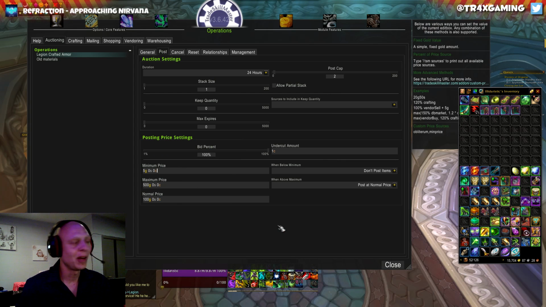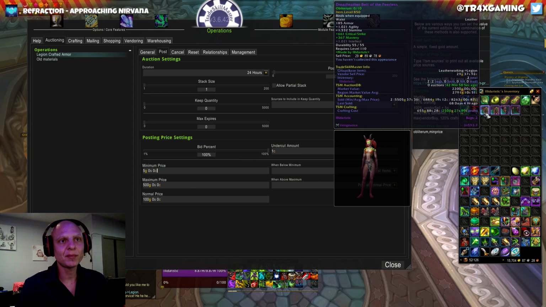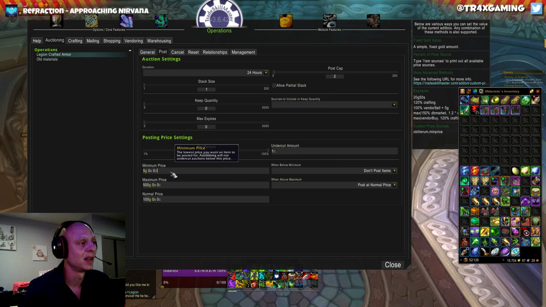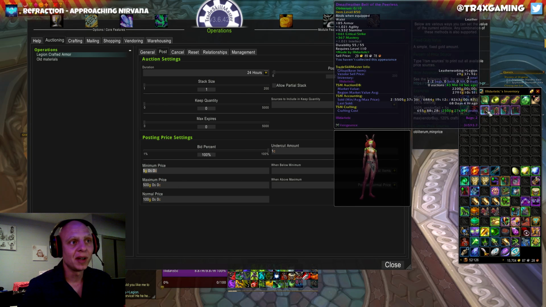Okay, now we need a minimum price. So if I look at the market value, right now it is 2,200 gold. And we also have region market value, which is 2,700 gold, which is not so bad. But on the bottom we have crafting cost, which is 655 gold.